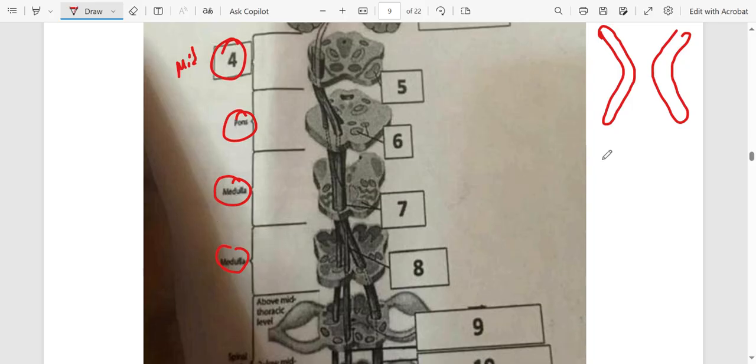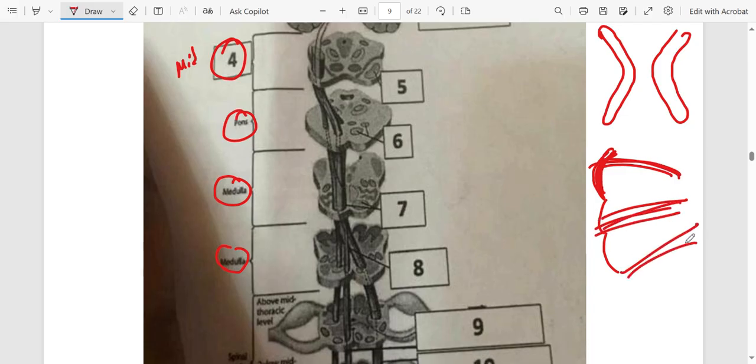So I've got midbrain on top, and then we have got the pons, medulla. These three structures are connected to the cerebellum like that. We call it the superior cerebellar peduncle. Okay, so 5, that's that.